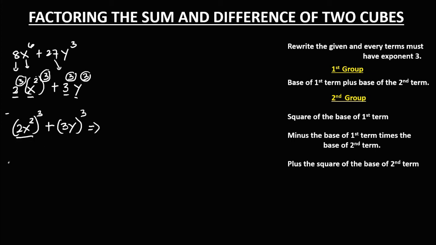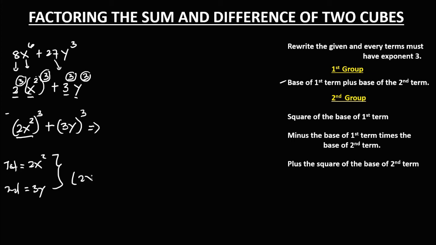So this one is the first term. The first term is 2x squared, and the second term is 3y. So using this step, we have now the base of the first term plus the base of the second term.